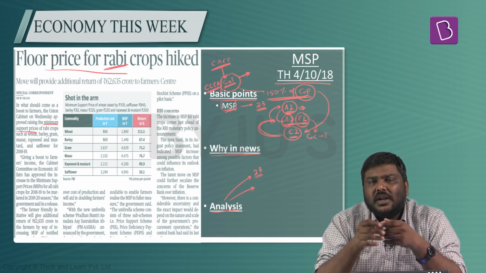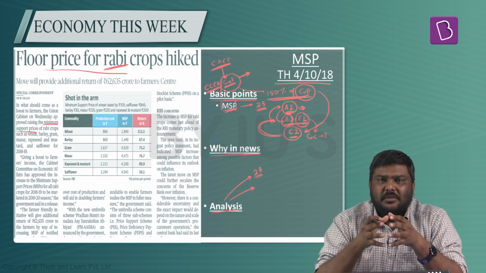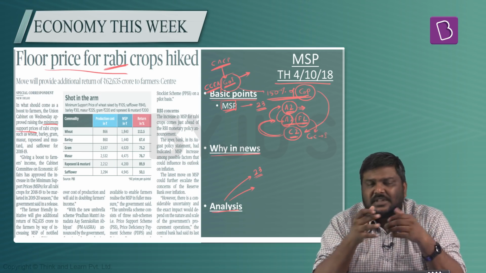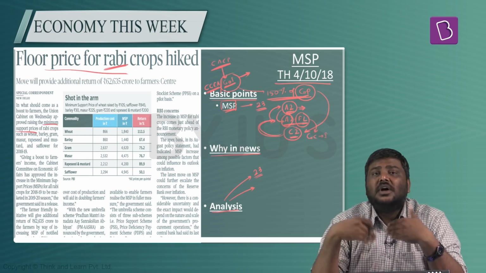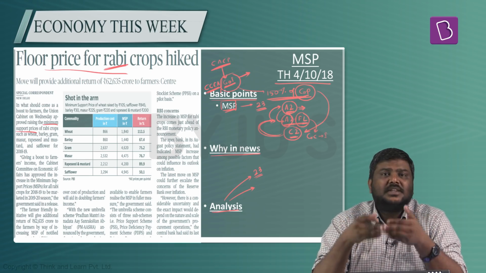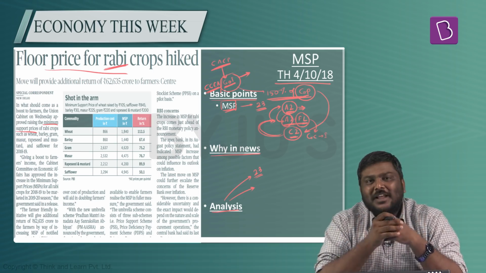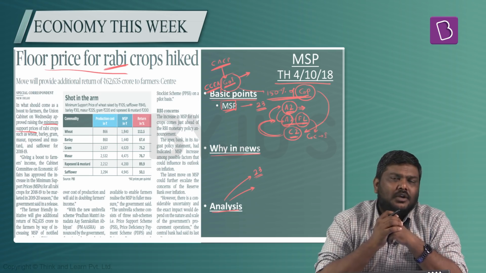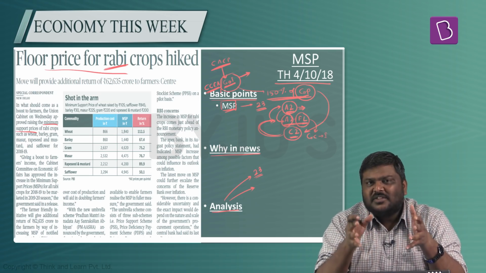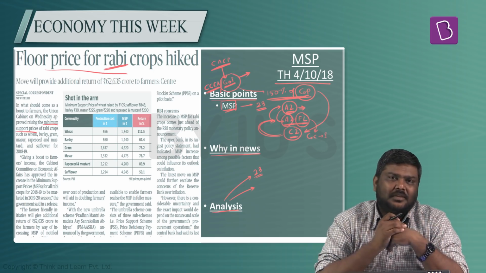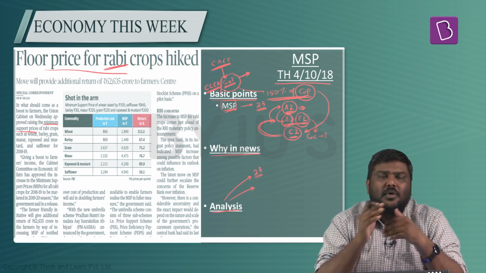For example, one, the majority of the procurement done by FCI, that is rice and wheat, will be concentrated in surplus states because they produce a lot of it. Second, not all the farmers in the surplus states will get the benefit of MSP. Let's say a marginal farmer who has cultivated 9 bags of paddy will not take all the 9 bags of paddy and travel 30 kilometers to the FCI godown to sell it, because the distance becomes a problem.